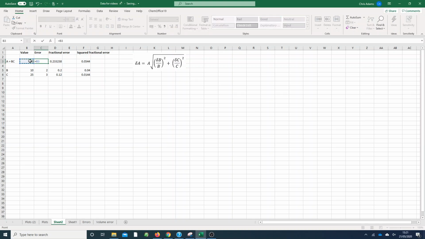It's 250 times that there, 58. So if I'm multiplying 10 plus or minus 2 by 25 plus or minus 3, the answer is 250 plus or minus 58. Quite a lot.